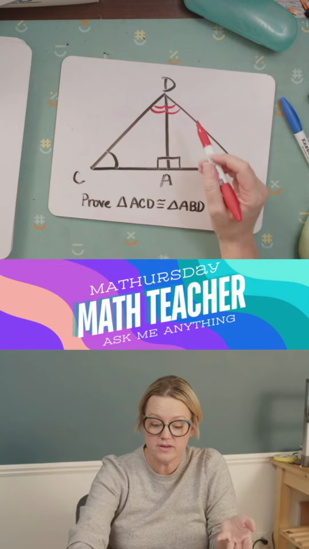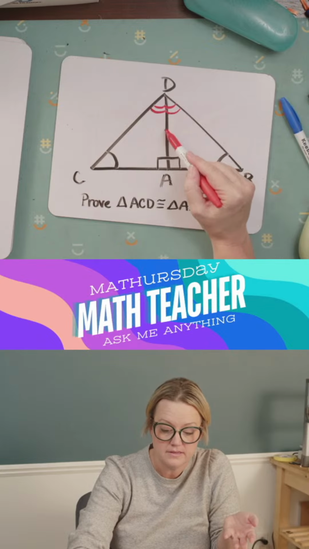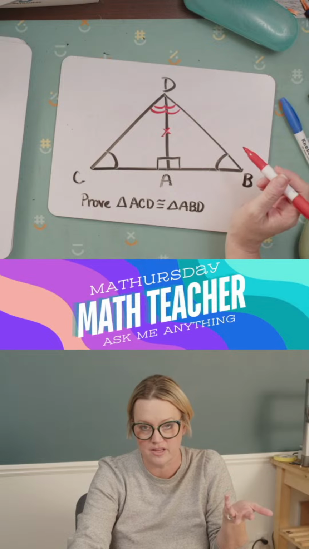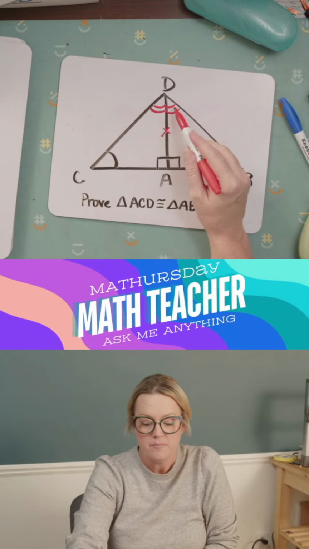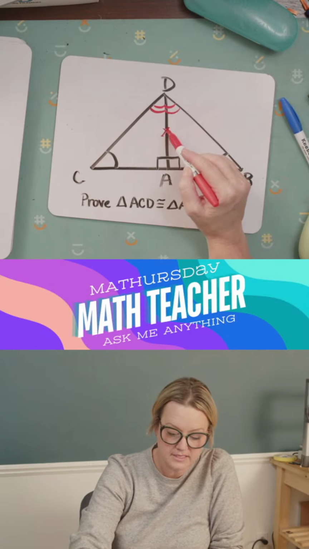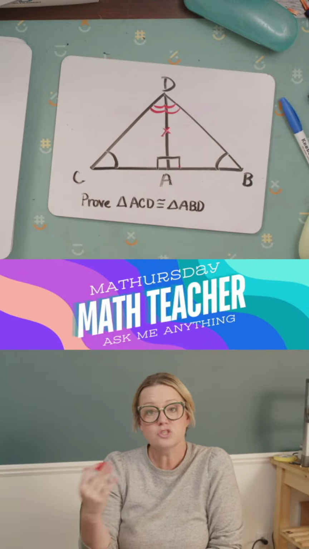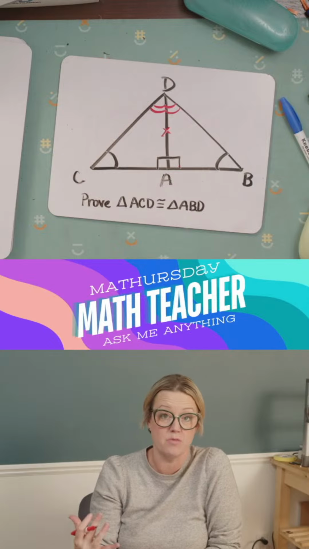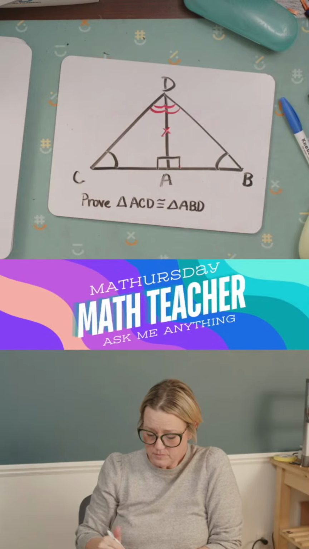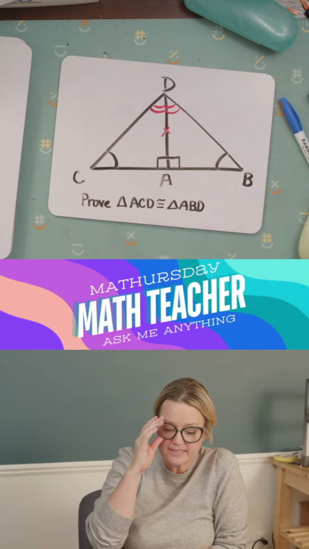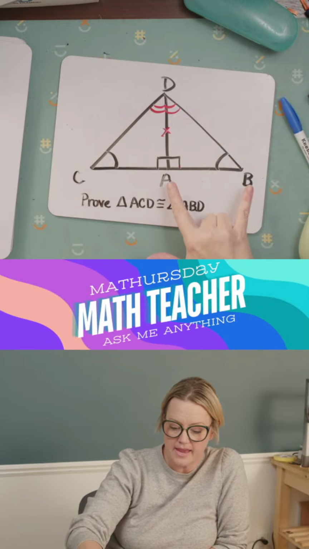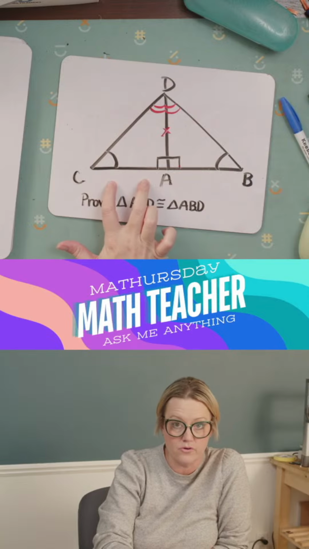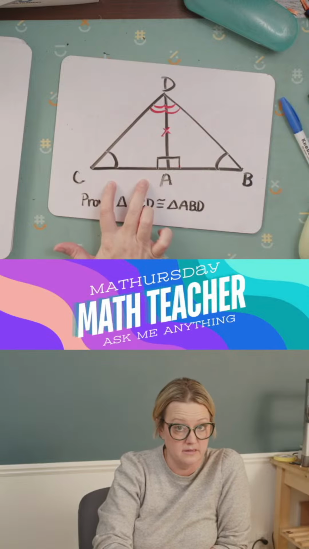So then you can say angle side, because you know this side is going to be equal to itself. That's that silly reflexive property. But now you've got angle side angle. So that's two different ways to prove the same thing. The thing that it doesn't tell me is that AB and CA are congruent. I don't know if that's congruent.